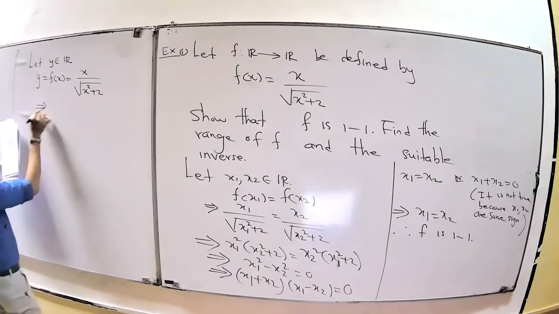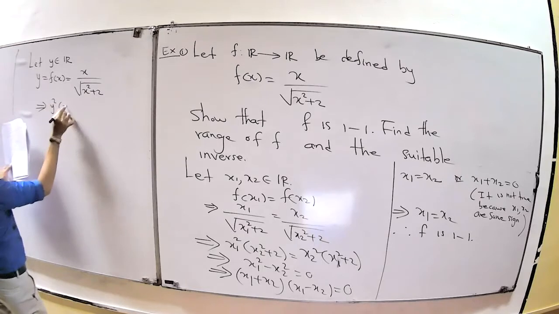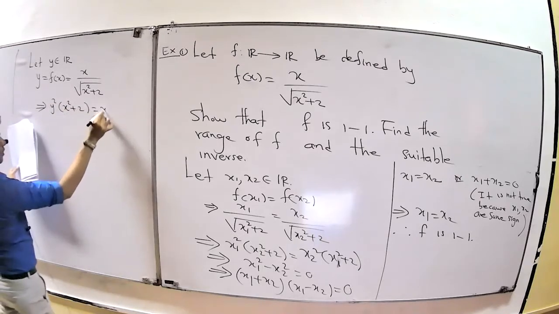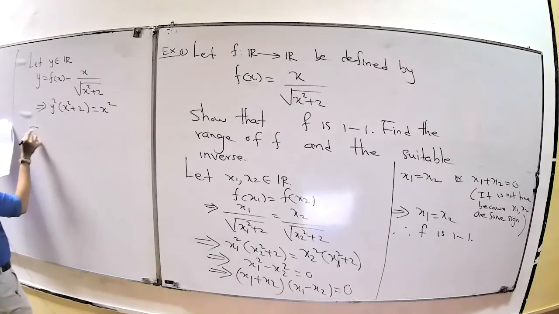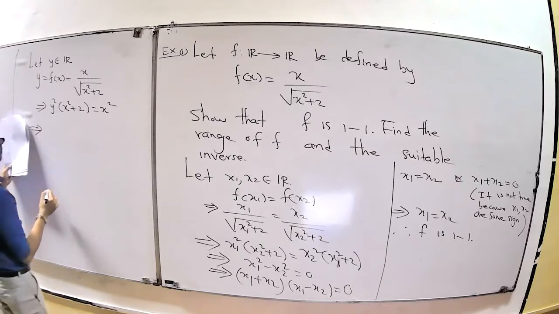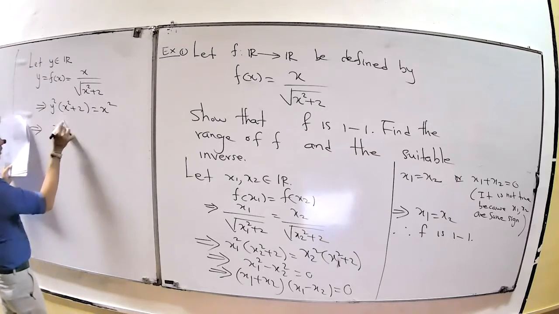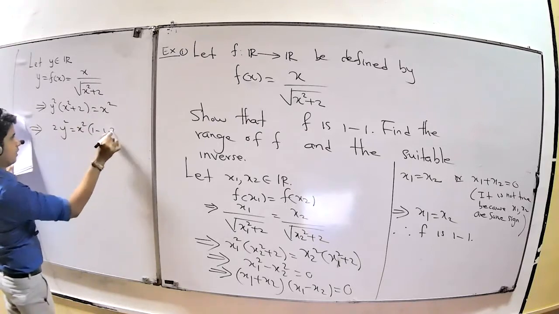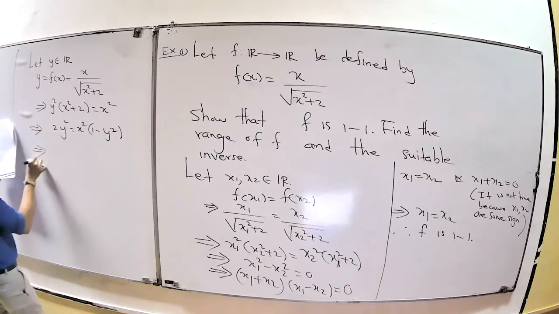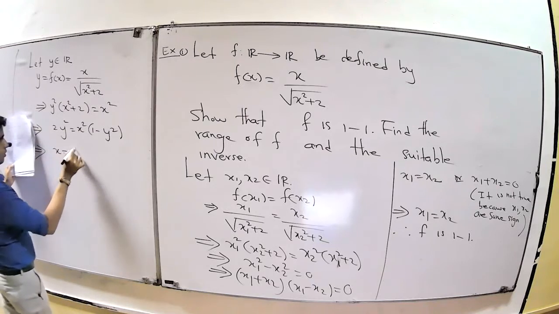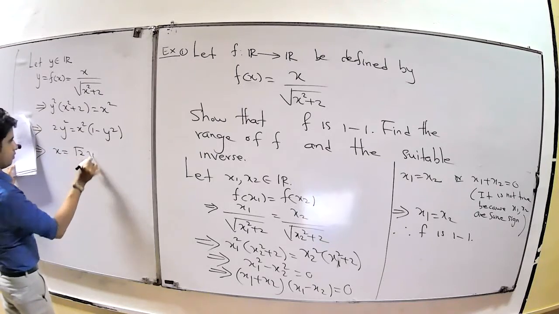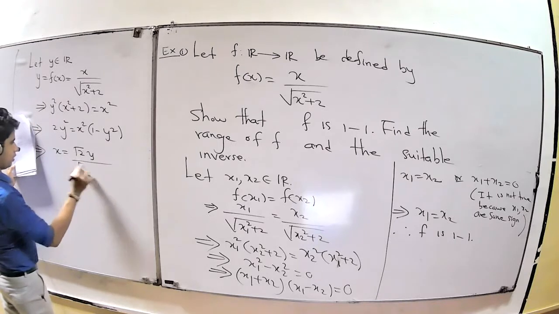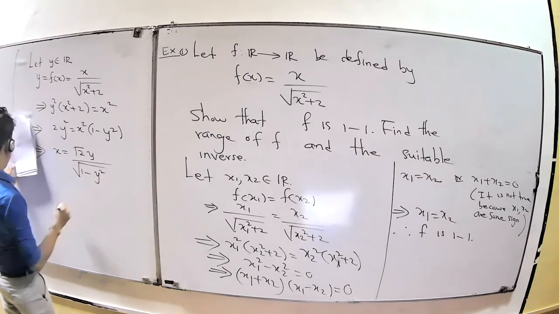Then from this you can square: y squared times (x squared plus 2) equals x squared. This implies 2y squared equals x squared times (1 minus y squared). This implies x equals root 2 y over the square root of 1 minus y squared.